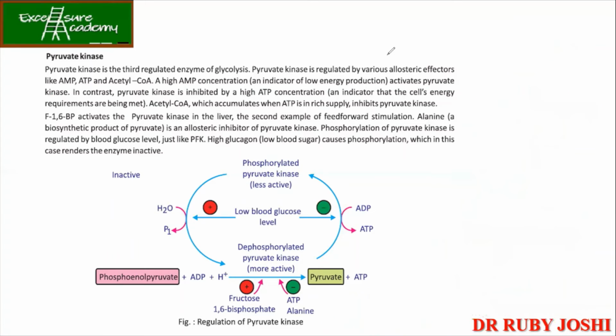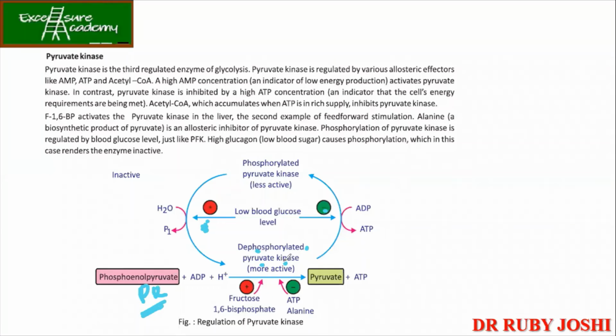So if you see low blood glucose level, what hormone will be active over here? Glucagon. And your pyruvate kinase is going to be inactive then, right? Similarly, this is about the pyruvate kinase here. Dephosphorylated pyruvate kinase means it is active.